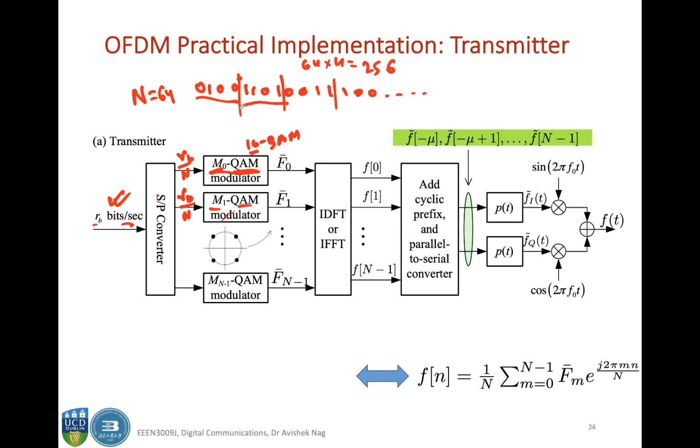From the input stream you have to pick 256 bits at a time, divide it into 64 tributaries, and each of them is a 4-bit symbol. The first one is mapped onto this QAM, whatever is, let's say, 0100 equivalent to that.